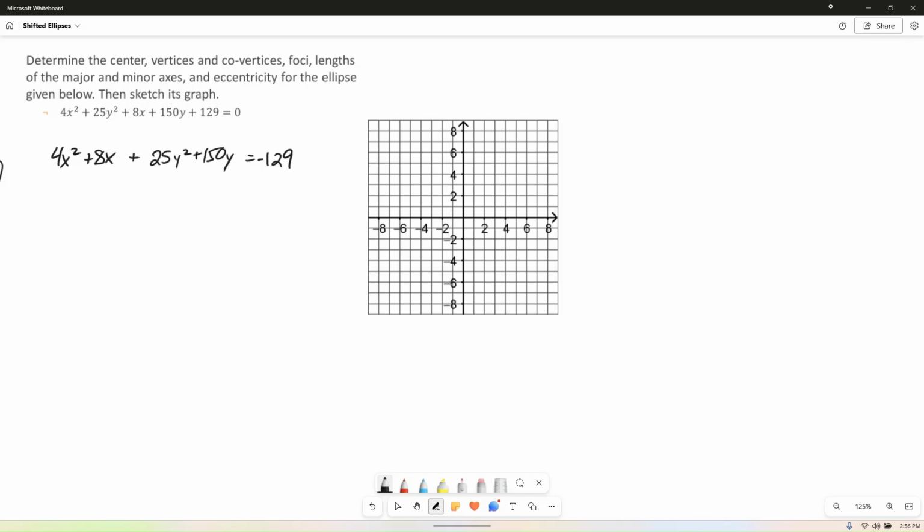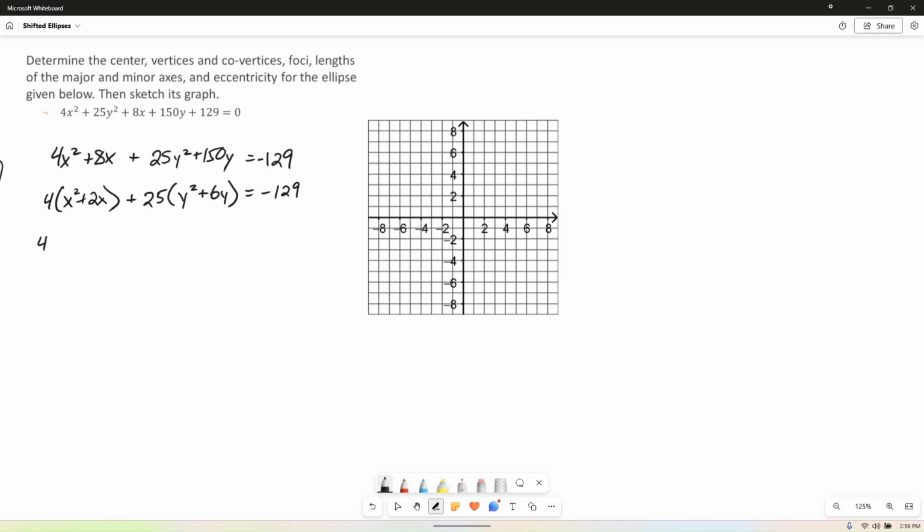I'm going to rewrite 4x squared plus 8x as 4 times the quantity x squared plus 2x. The 4 is still there, but I factored it out. I'm going to do the same thing with the y, factoring a 25 out, which leaves y squared plus 6y, and all of that is still equal to negative 129.